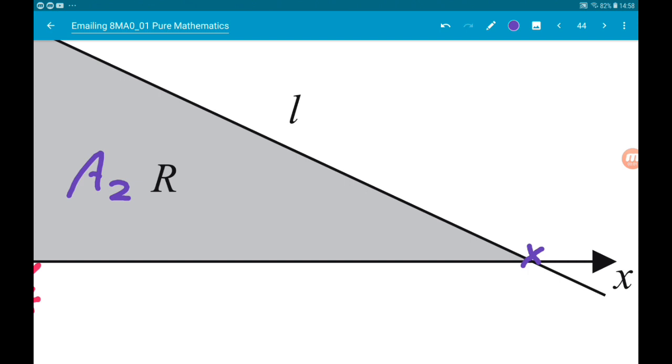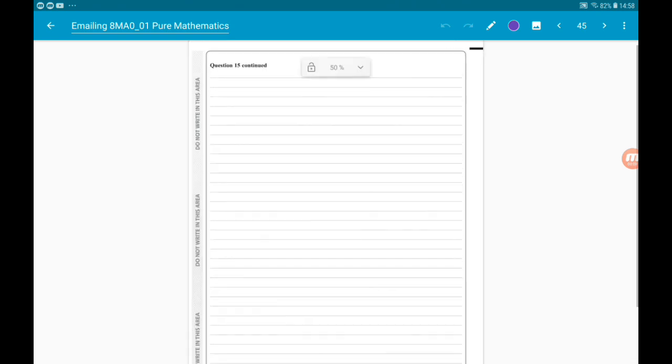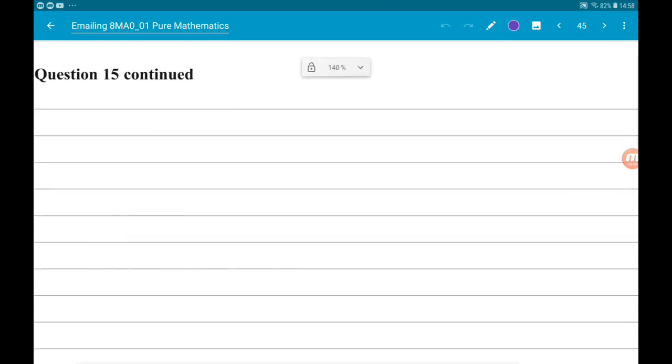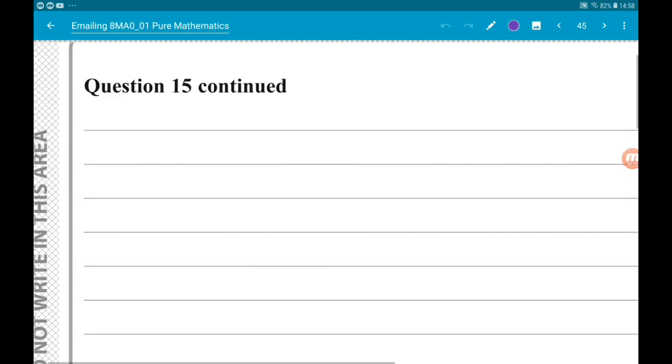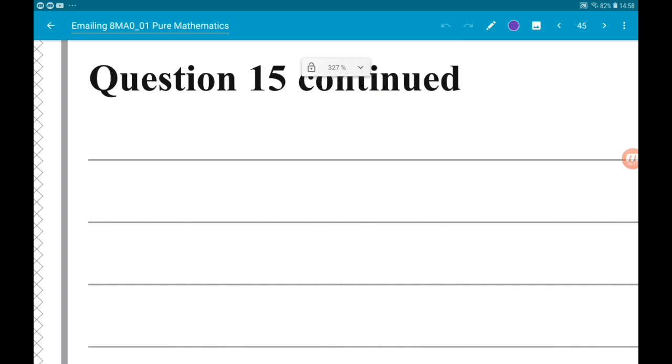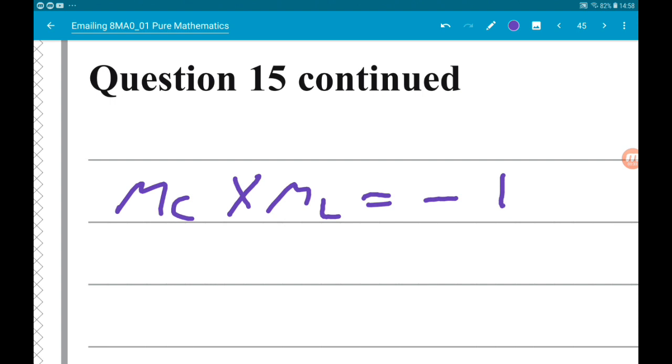To do that, let's think about what a normal is. A normal is a line perpendicular to the curve. So the gradient of the curve C at the point P times the gradient of the normal, the gradient of L, is equal to minus 1.